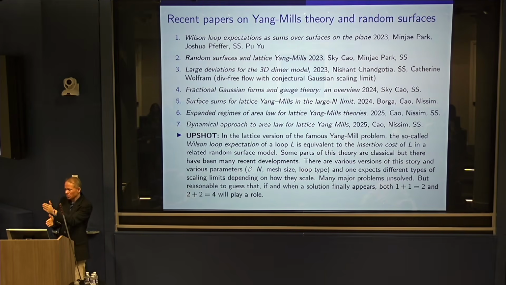And this thing, when you restrict to this 2-dimensional plane, it literally is this 2-dimensional Gaussian free field. And so it has log correlations, where these other natural Gaussian fields will have polynomial correlations. So there's a whole theory. If you look at this paper here, Fractional Gaussian Forms and Gauge Theory, we really go into depth in studying just the Gaussian versions.